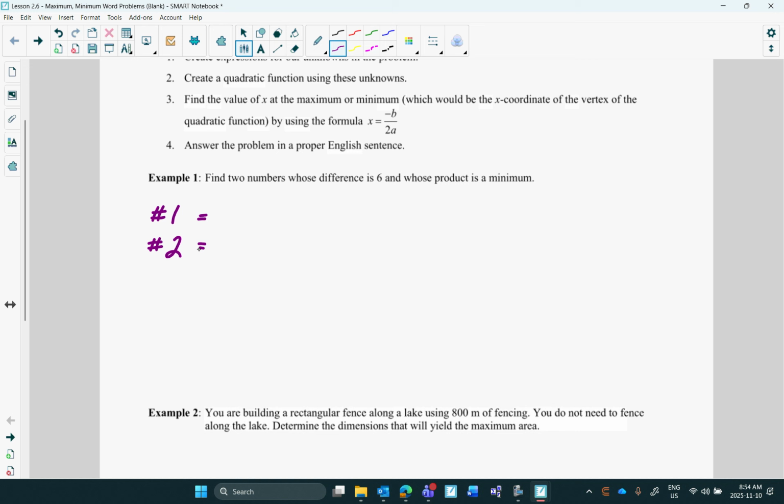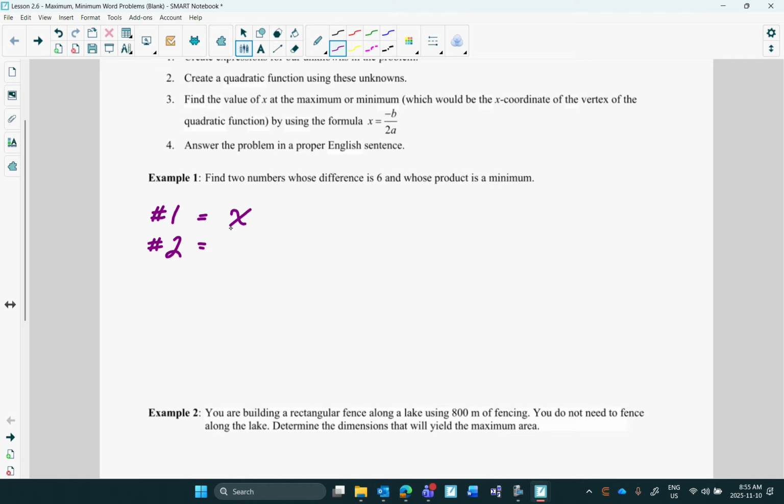Okay, so you guys have done problem solving like this before. If we don't know what it is, what do we call it? Yes, X. What do I call the second one? Well, I got to use X, but I got to make sure this one has a difference of 6 from this one.